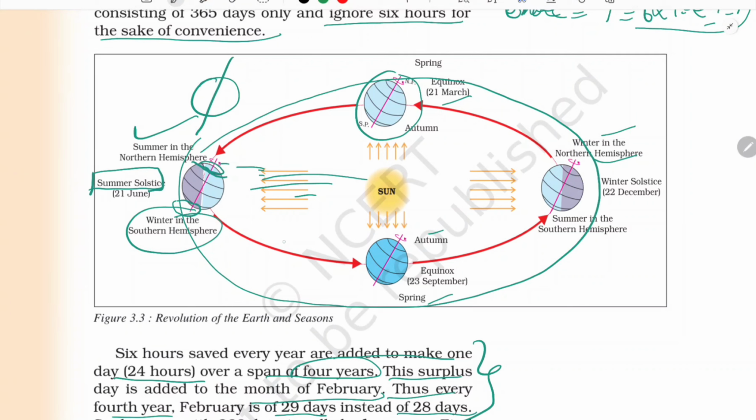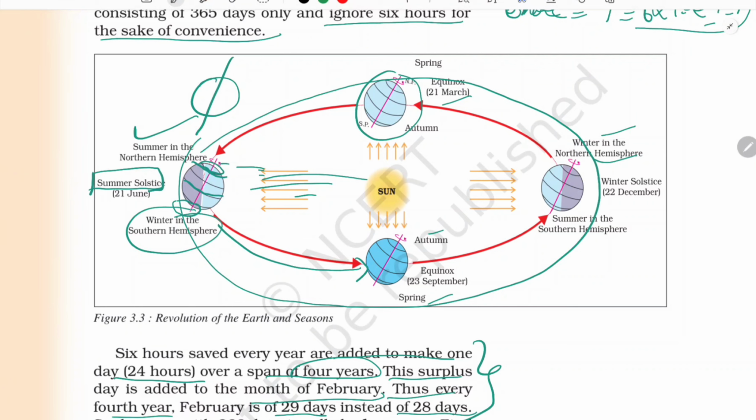Because of that there is continuous daylight for about 6 months, and a large portion of the northern hemisphere is getting light, so there will be summer season in this region north of the equator, the equator is somewhere here.